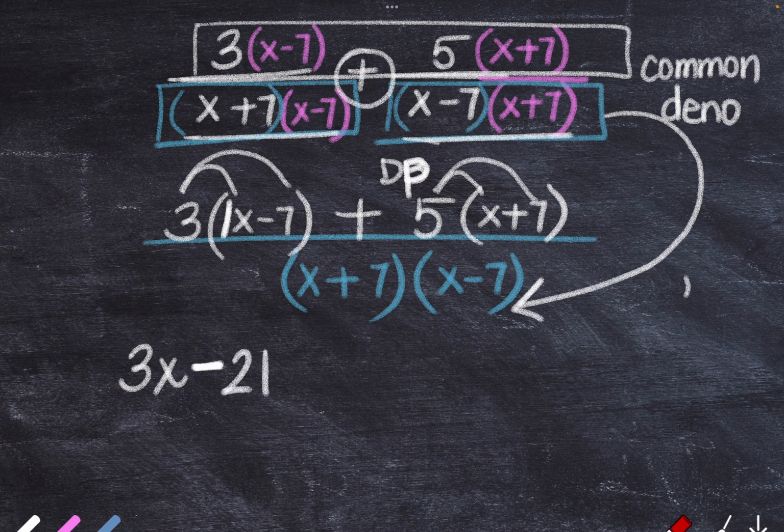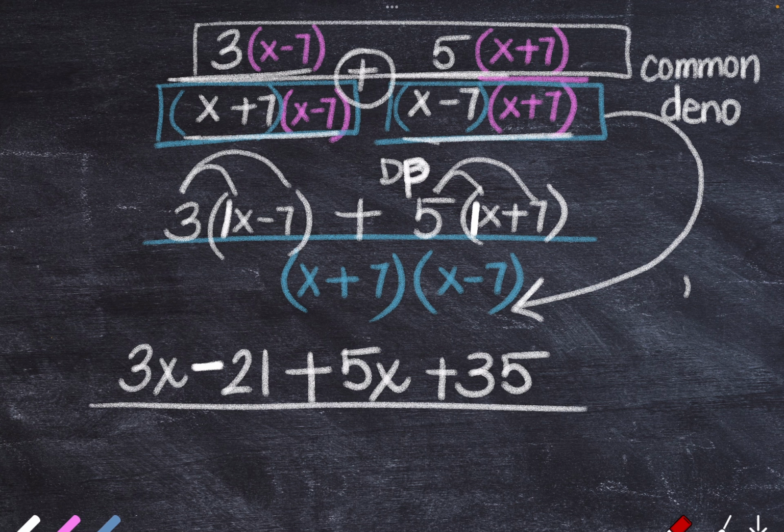Now this is a plus symbol. There's an imaginary 1 here. 5 times 1x, 5x. And then plus and plus. Plus times plus is plus. 7 times 5, 35. Everything divided by, I can just simply keep those as x plus 7 and x minus 7.